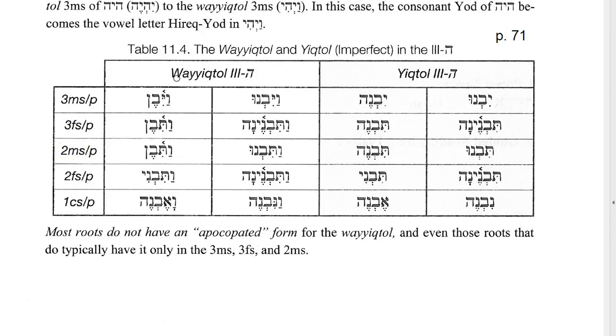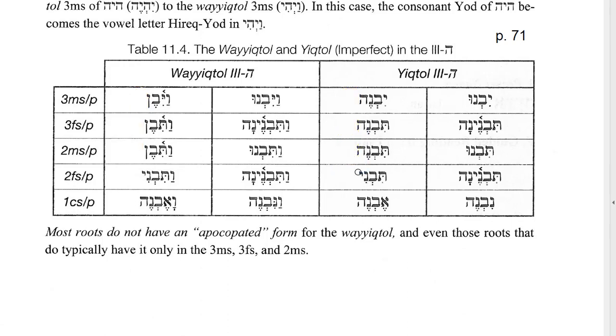One thing to note about the Yiqtols is that they are essentially Qals at their heart. So if we notice where the 3-hey ending drops off, there are three cases, here, here, and here: the 3ms, the 3fs, and the 2ms. The hey ends up dropping off when that Yiqtol prefix is put on, that is the vav with the patach. In those cases, there was no suffix to begin with.